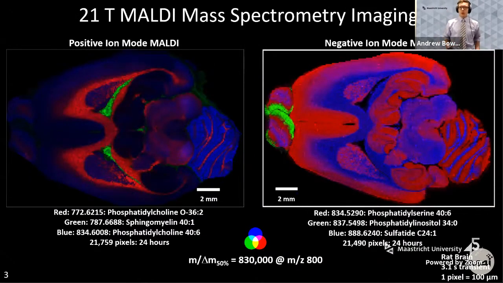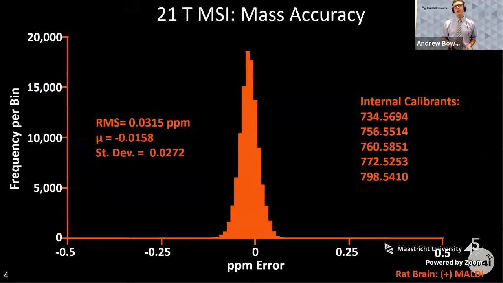To start off with this 21T MALDI mass spectrometry imaging, we did this in both positive and negative mode. And we're able to separate very close masses up to a mass resolution of about 830,000 at mass to charge 800, which is right smack dab in the middle of the lipid range.